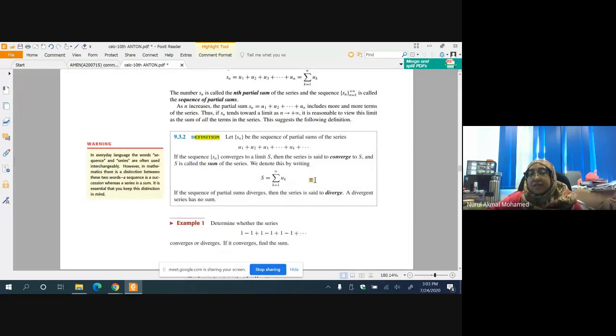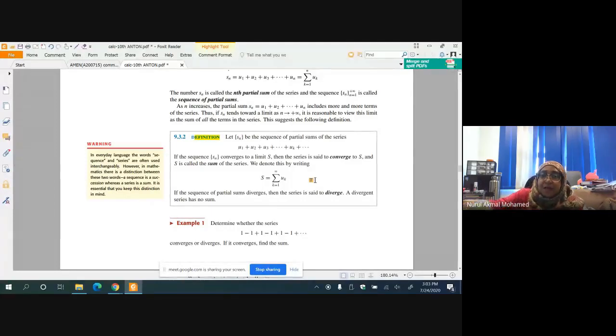That means if you are asked to find the value of the summation, you cannot state the number because the summation diverges. You don't know the value of the summation.